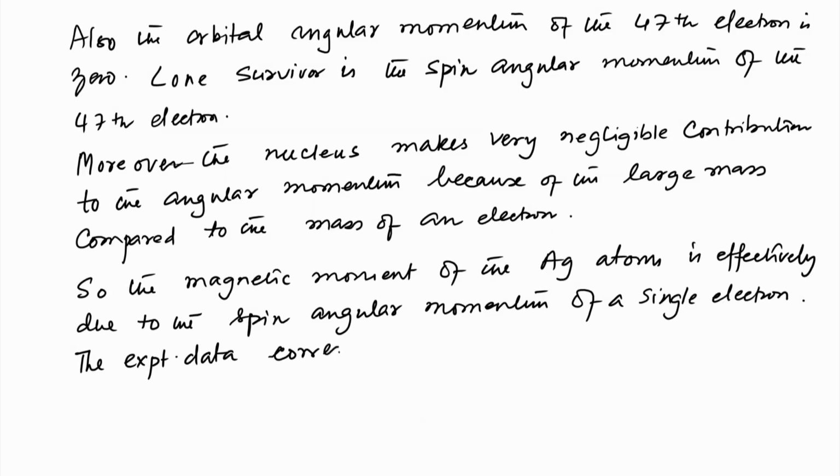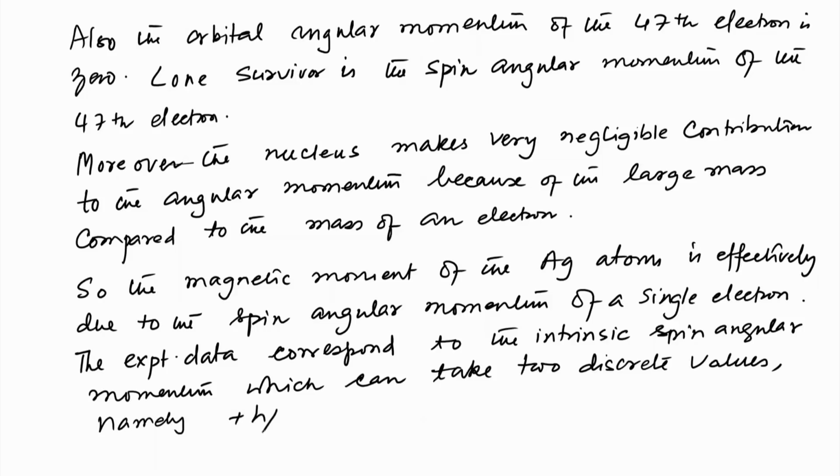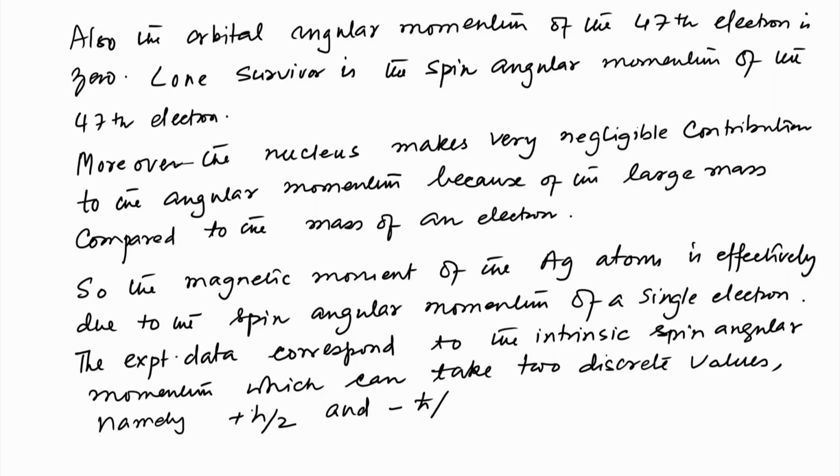this data should correspond to the intrinsic spin angular momentum, which can take two discrete values, namely plus h cross by 2 corresponding to maybe the spot above the mean level and a minus h cross by 2 corresponding to the spot that appears below the mean level.